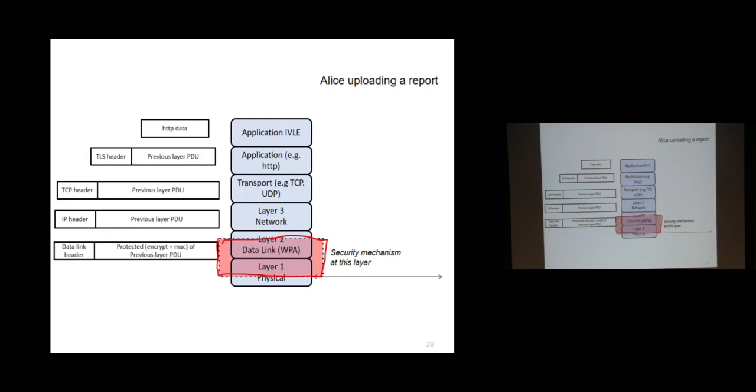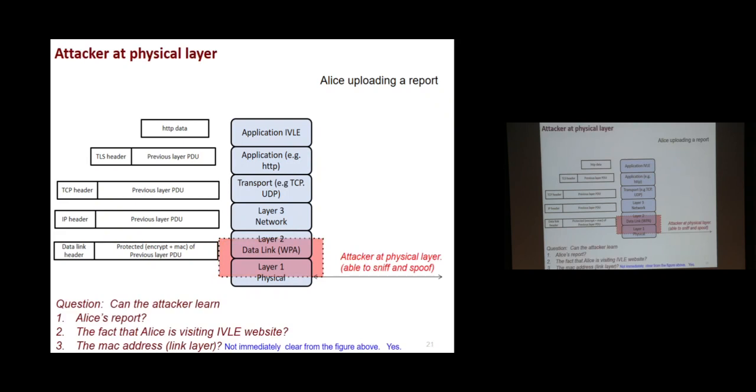So for this protection, suppose that Bob is in the same cafe. I will not use the cafe, I will use this lecture theater as an example.